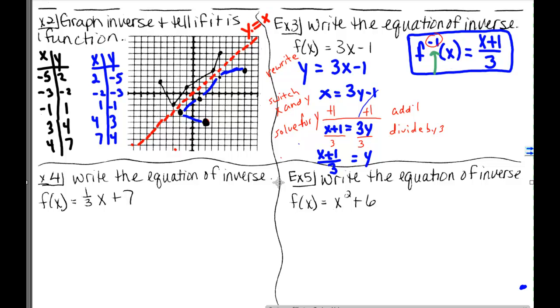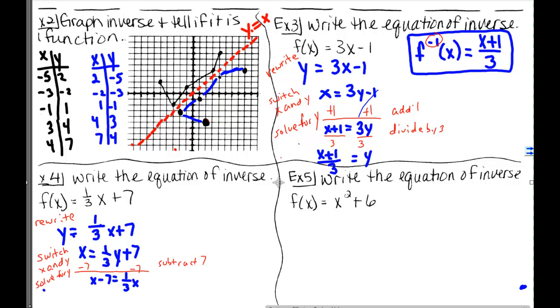Example 4. Write the equation of the inverse. F of x equals 1/3 x plus 7. First thing we need to do is rewrite the equation, letting f of x equal y. Then we switch x and y. The next step is solve for y.